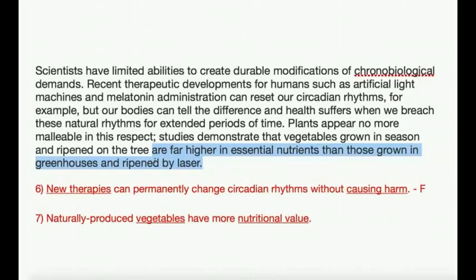So that means the artificially grown ones, because it's in greenhouses or using lasers. So this does agree with this statement, because naturally produced vegetables have higher nutritional value than those that are grown artificially. So the answer to this one is true.